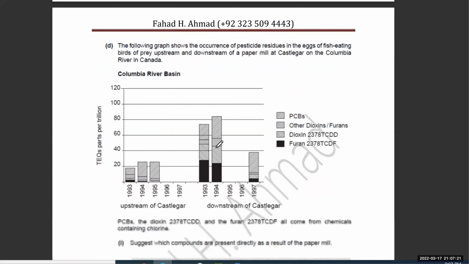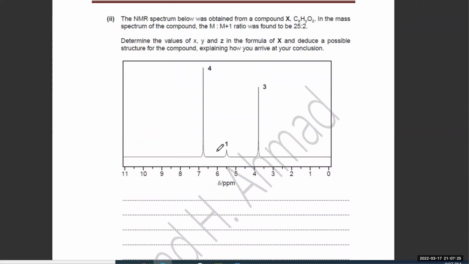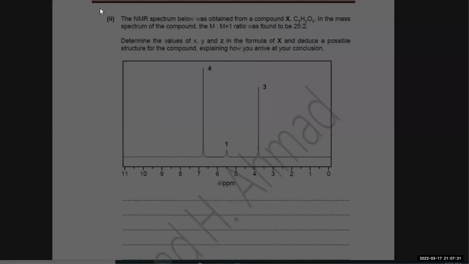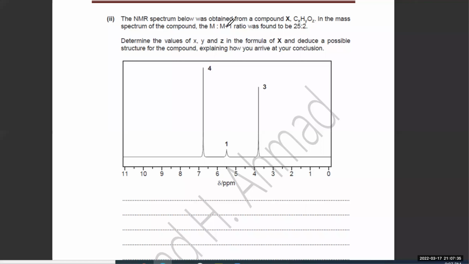Sir, can you also send this worksheet on the group? Okay, I'm going to send this. Try attempting this one. Okay, this one, they've given you the M and M+1 ratio, so you can figure out the number of carbon atoms. The number of hydrogens is 4 plus 1, that's 7 hydrogens, right?